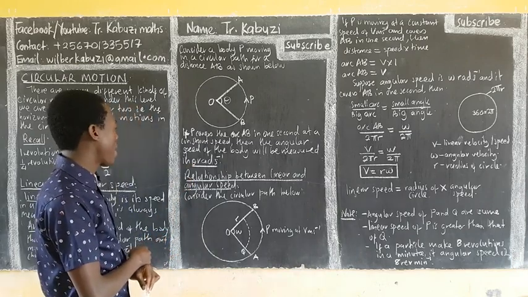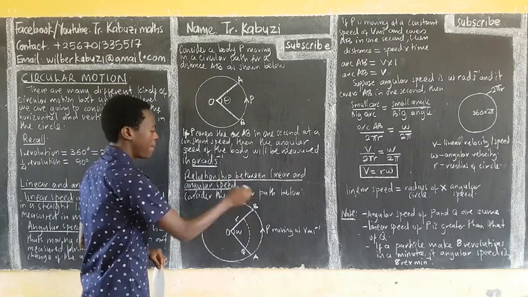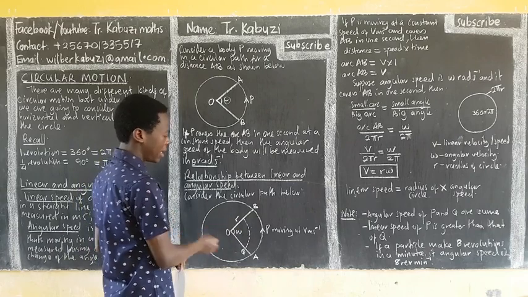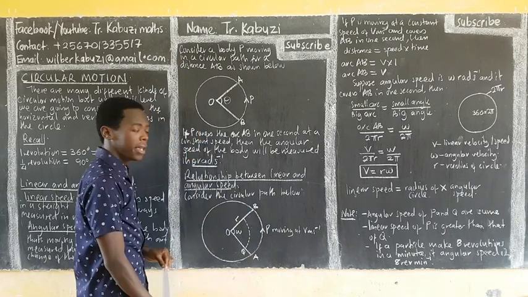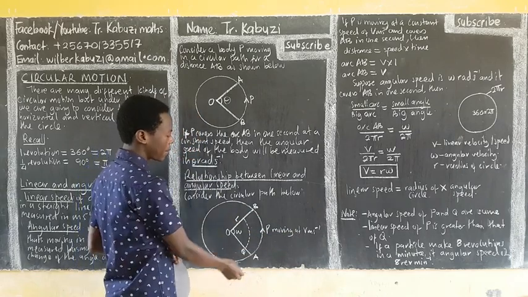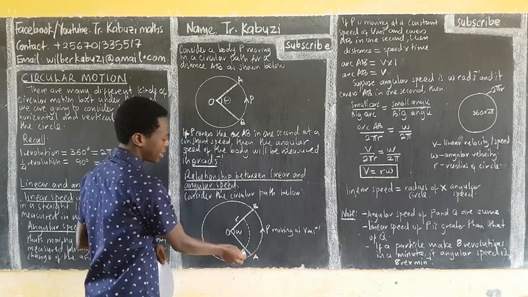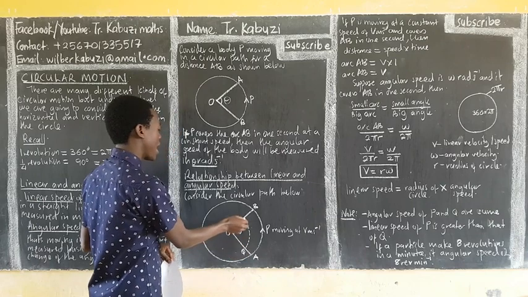Relationship between linear and angular speed. Consider the circular path below. This middle point is what we call the center. P is moving from A up to B at a constant speed of V meters per second, and you also have an object Q moving from here up to here.